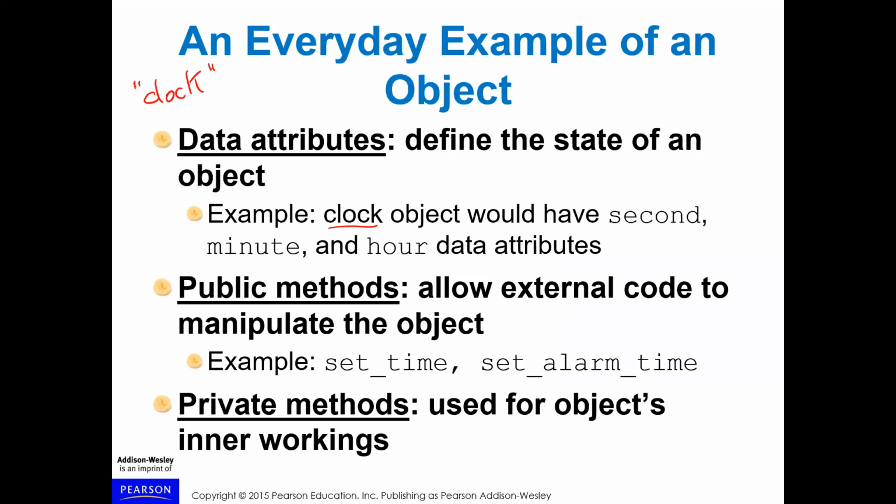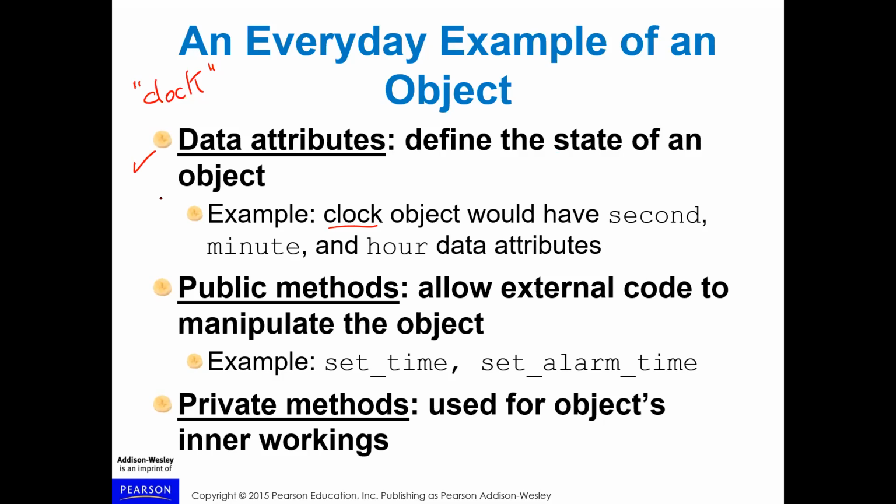It could be a chicken, a dog, a phone, a lamp, whatever, so there's no limit to this. So, basically the example of a clock object, right? So what are the things that it's going to have? It's going to have some kind of a state, right? You're going to define the state of the clock. That means you need to have a variable for seconds, a variable for minutes, and a variable for hours, right? And these are called the data attributes.